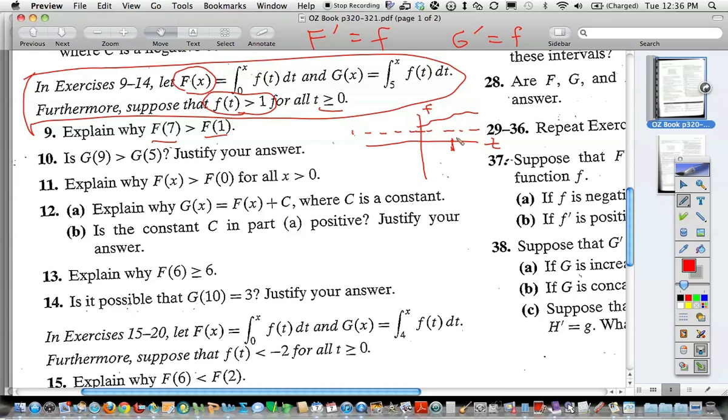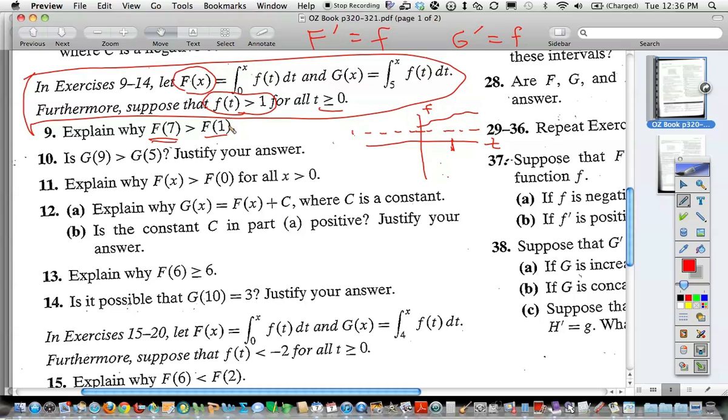Okay? So now, Derek, go. What does this mean if little f is greater than 1? Because little f is always positive, then big F is always increasing. On the chart, little f always positive, slope's always positive, big F's always increasing. Keep going. So then if you're going from 1 to 7, it has to be going up.